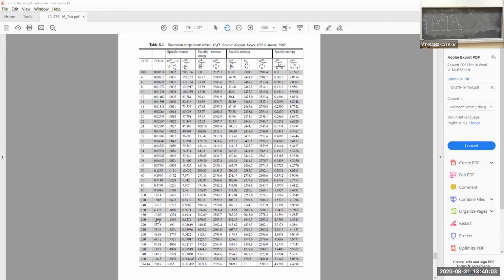At 200 degrees C, the boiling pressure is 15.54 bar. This is in bar. Okay. Now we are at 5 bar.